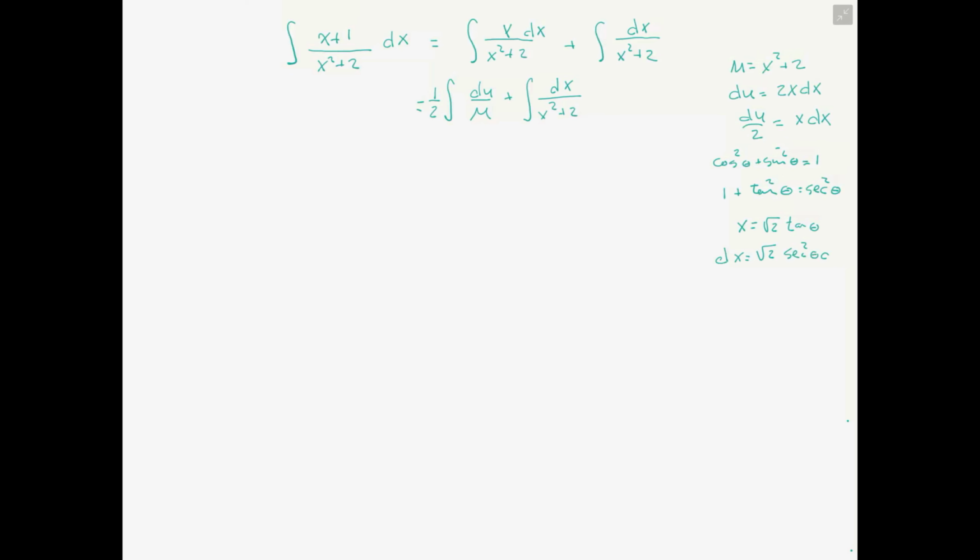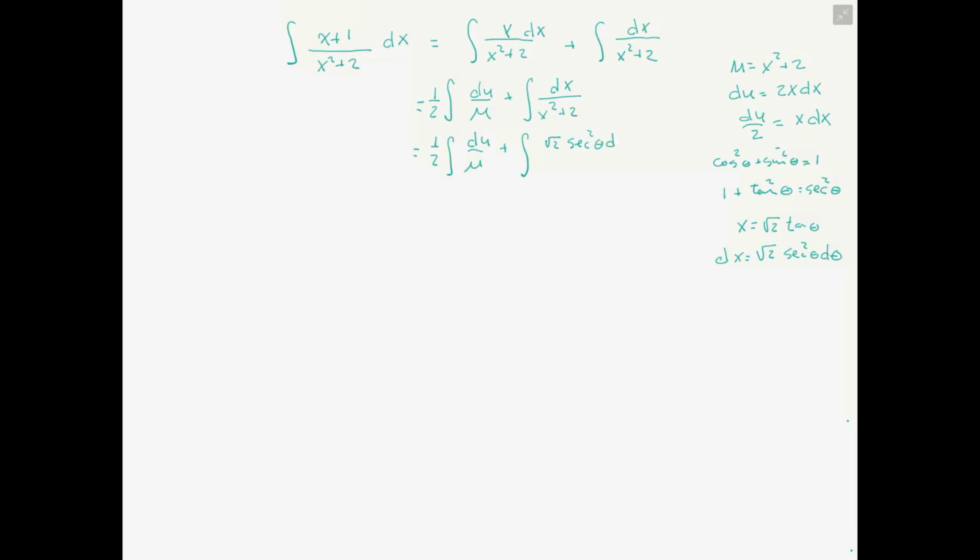So in this case, because we got a plus sign in the denominator, we're going to use x equals square root of 2 tangent theta. And then dx equals the square root of 2 secant squared theta d theta. And we make our substitution.